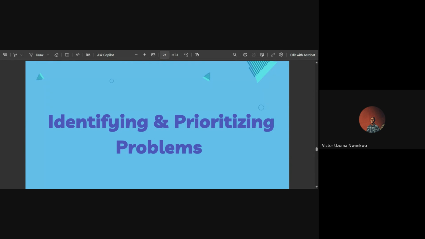You turn right, it's there. You turn left, it's here. At that point, you can say that the product has reached market fit. And you gave examples of Piggyvest, Cowrywise, and the likes, Chowdeck. Yeah. And that's what I remember.